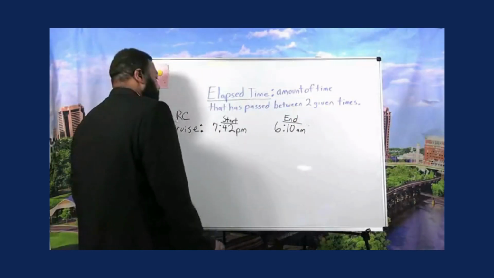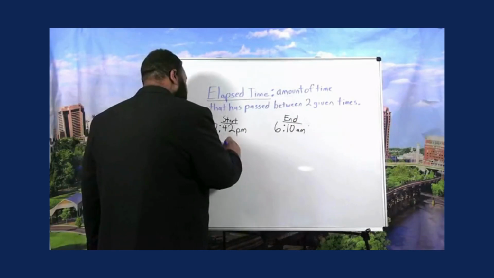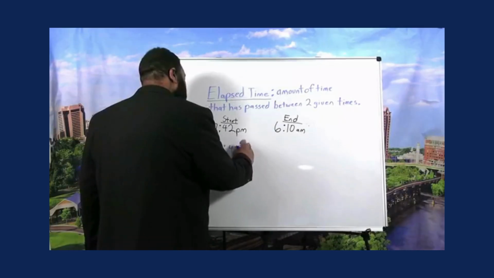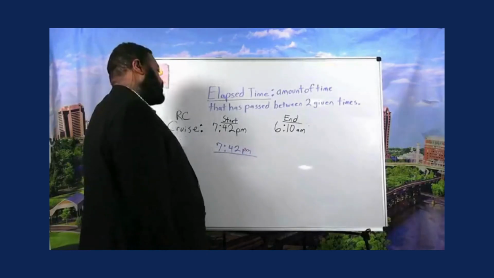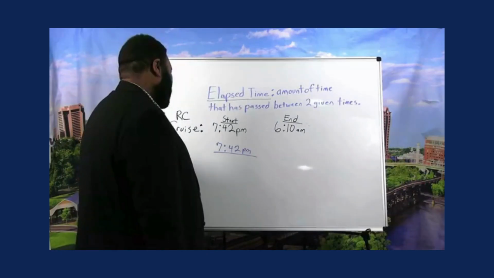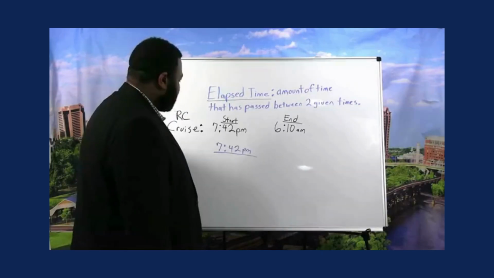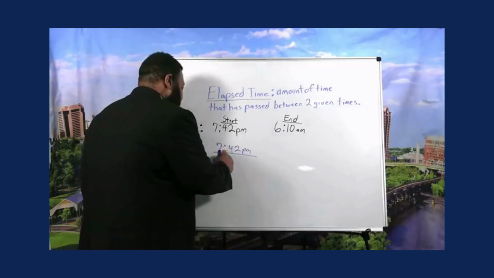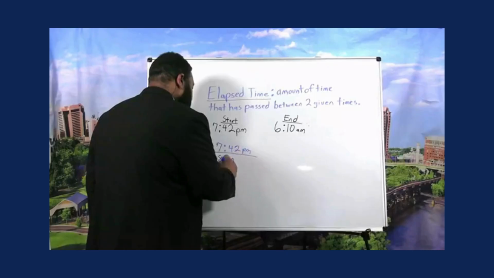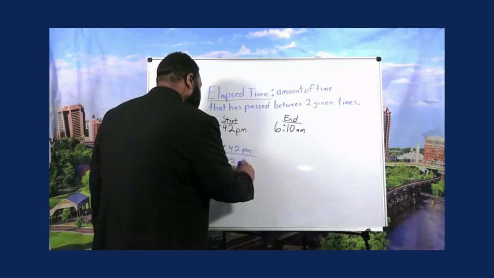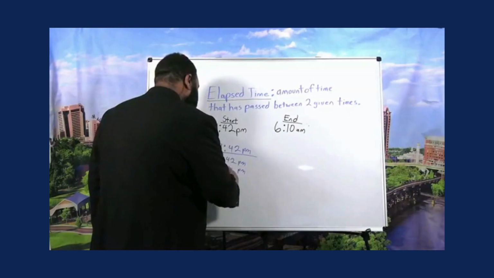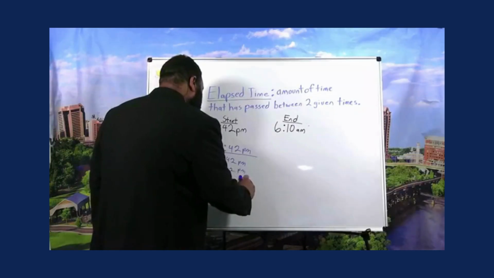All right, here we go. Once again, I want to put 4:42, and that's my p.m., and I put a line under it. Hope I got enough space. We'll come after 4. 5:42, 6:42, 7:42, 8:42, 9:42, 10:42 p.m. Guess what, folks?